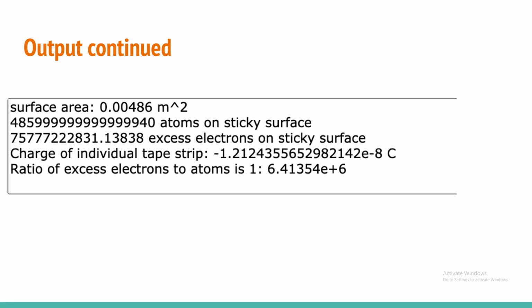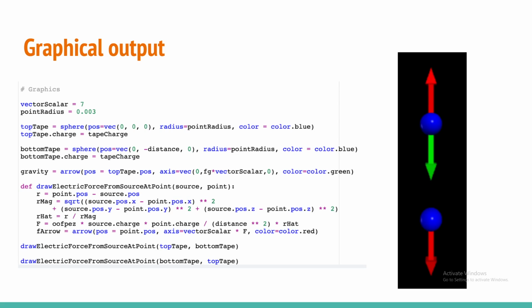Every time I run the program, I get a text box that shows all the information that I could use, like the ratio of electrons to atoms, the charge, the number of excess electrons, the number of atoms, and the surface area. And so the main graphical output: the two blue spheres represent the point charges of the tape, the two red arrows represent the repulsive electric force, and the green arrow represents the gravitational force of the top tape.